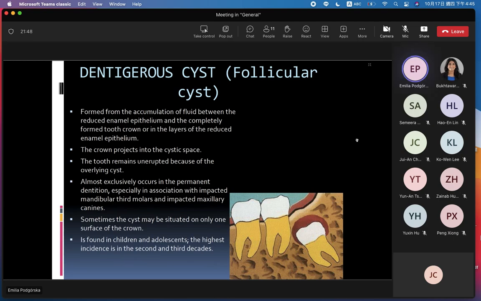It almost exclusively occurs in the permanent dentition, especially in association with impacted mandibular third molars and impacted maxillary canines. Sometimes the cyst may be situated on only one surface of the crown. It is found in children and adolescents, and the highest incidence is in the second and third decades.